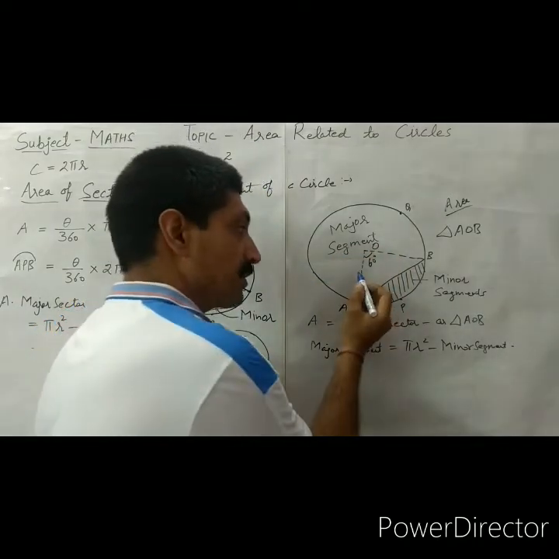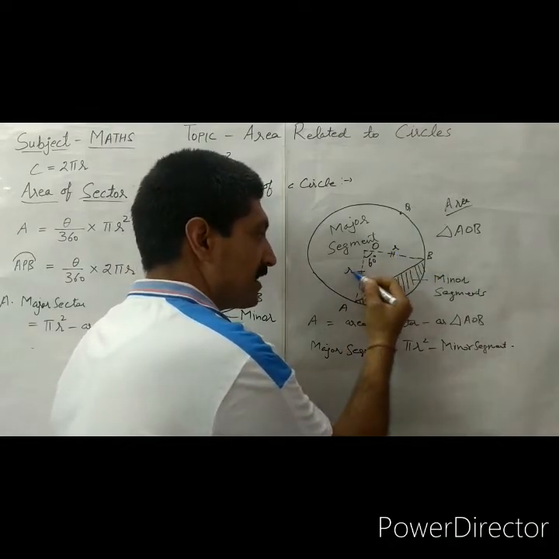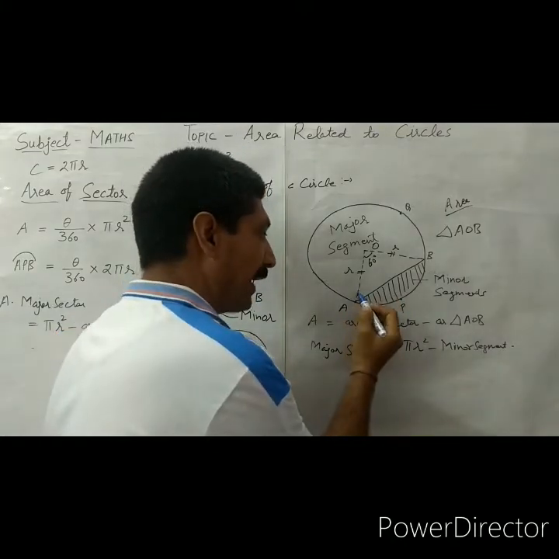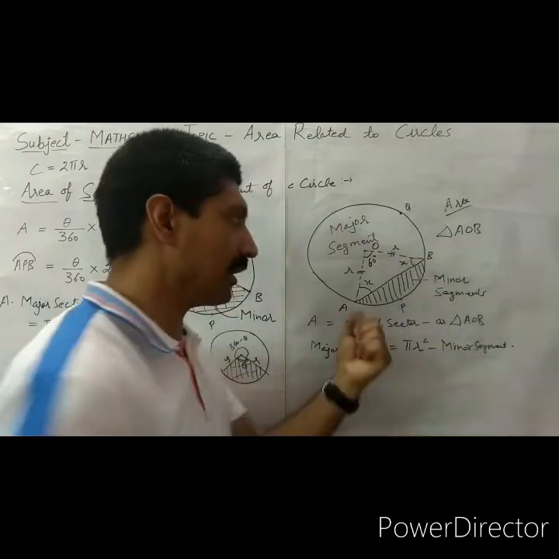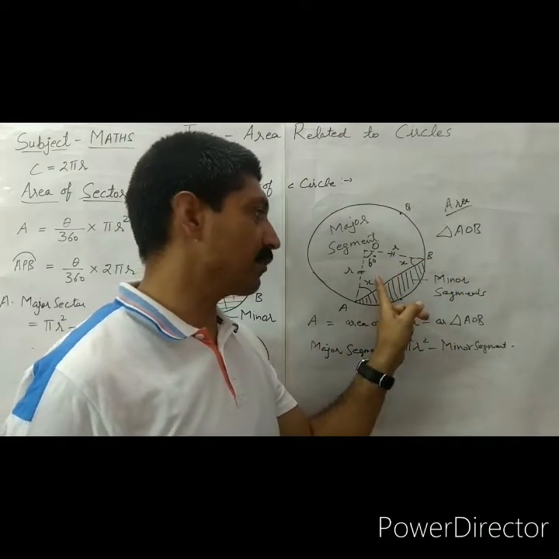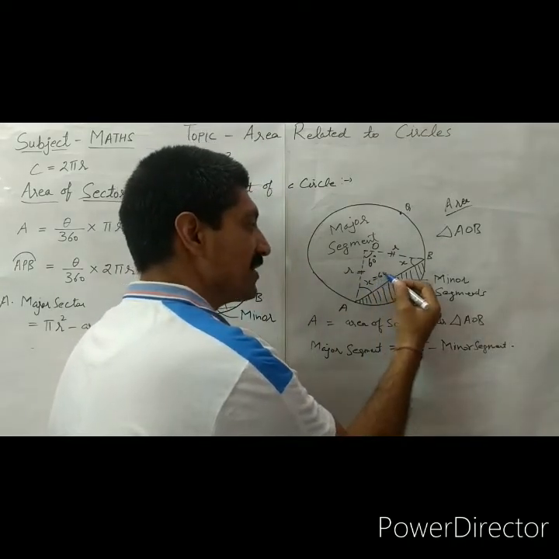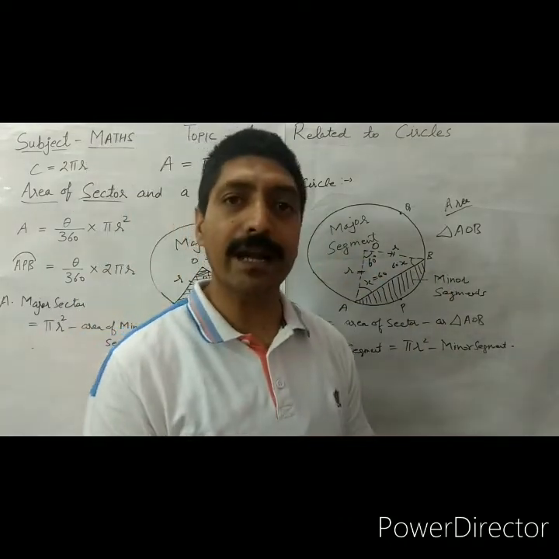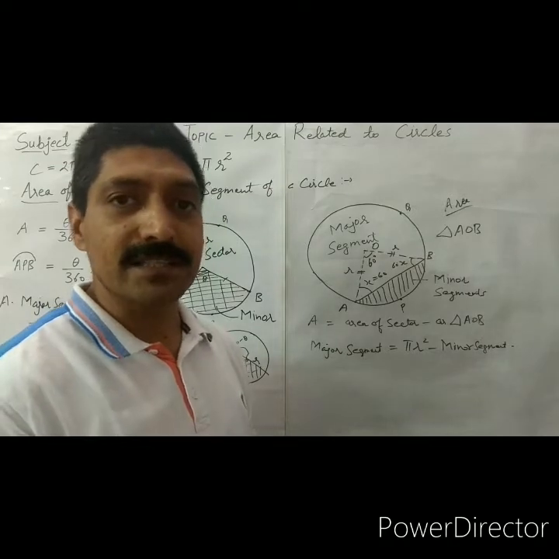How? Because these two sides are radii, it is an isosceles triangle, so both these angles must be of the same measure. We studied this in lower classes. And if both these angles are equal, we have only one option: both must be 60 degrees and 60. So this is an equilateral triangle.